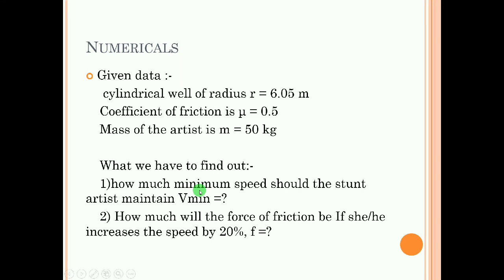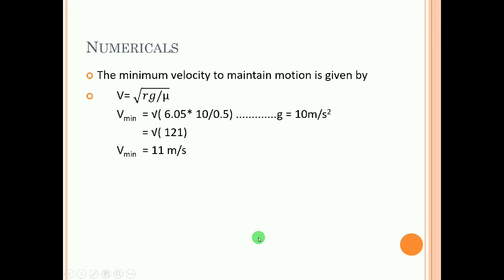So first we have to determine V minimum, and when the velocity increases by 20%, you will determine the force of friction. V minimum we already derived in our derivation: V equal to square root of Rg upon mu. The derivation we already discussed earlier.